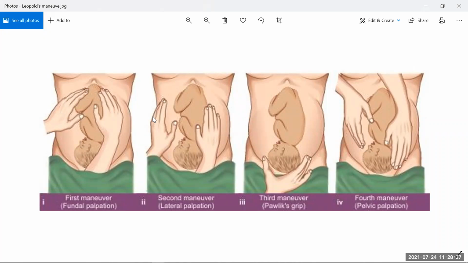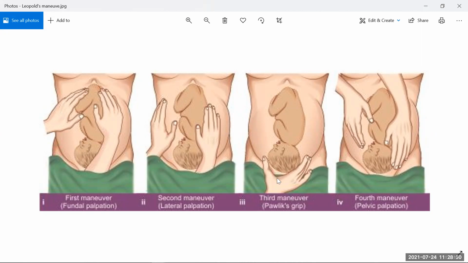In the second maneuver, you put your hands parallel to the abdomen, and that's lateral palpation. The first is called fundal palpation because you put your hands on the fundus of the patient and feel what this part is. When you put your hands laterally, this is lateral palpation, the second part of the maneuver.